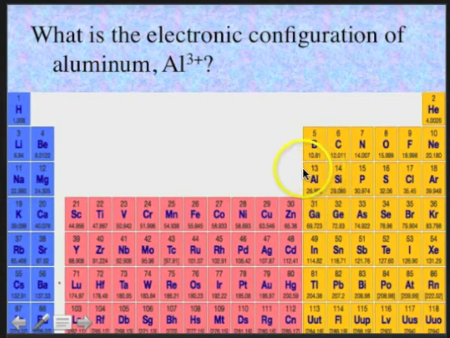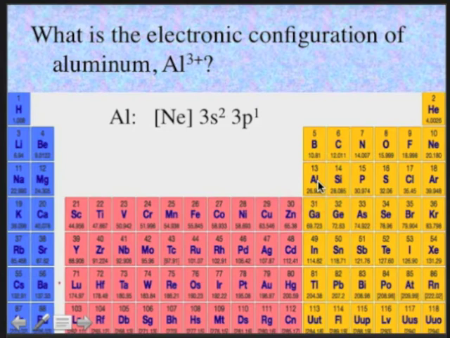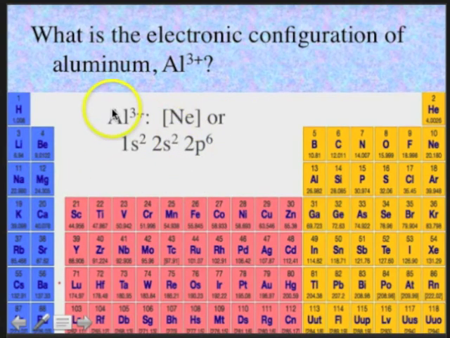And that's going to be, let's see, neon core, 3s2, 3p1. That would be the electronic configuration for aluminum. Now we have to throw out 3 electrons to get a cation with a 3+ charge. So we have 3 electrons right here, 2 in the s, 1 in the p. We discard those, and what we're left with really is just the neon core.